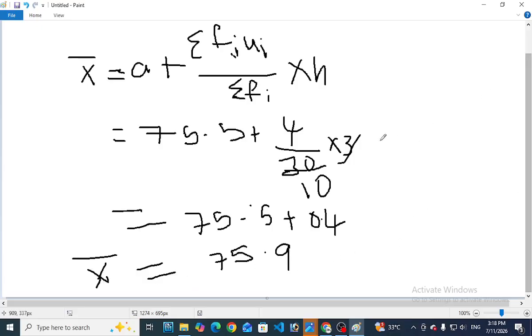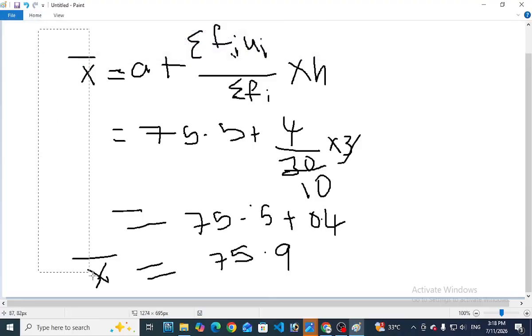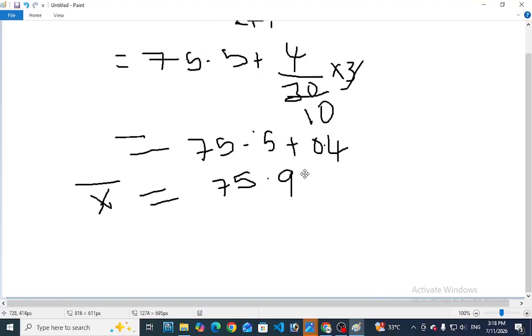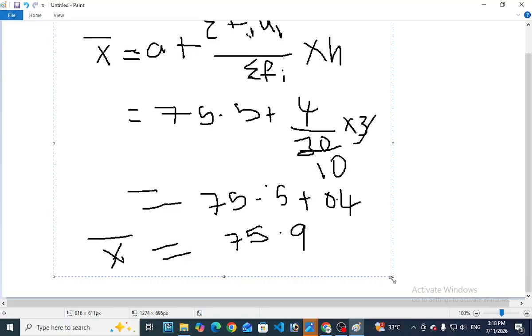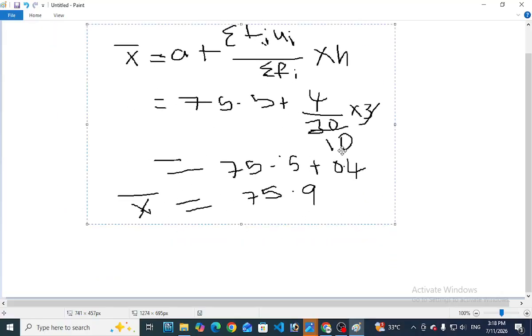So, next step. Here we got 75.9 as the mean of the observation.